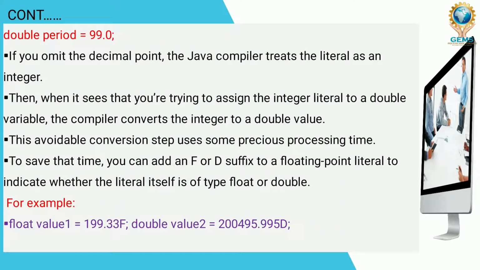Double is a floating point data type. The size of double is 8 bytes. So 99.0, we want to show the output like this. So we have to declare that value as either float or double. For example, float value 1 equals 199.33. Double value 2 equals 20495.995D.